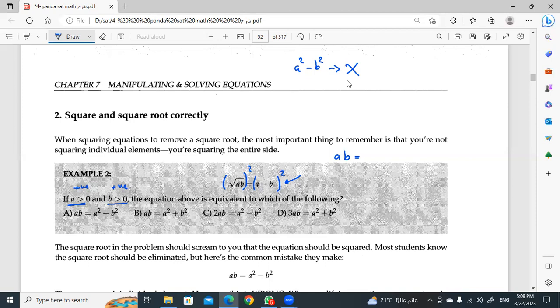So first square, it will be a square, and second square, it will be plus b square, and 2 multiplying the first by the second, so it will be negative 2ab. I don't reach my target yet, okay?